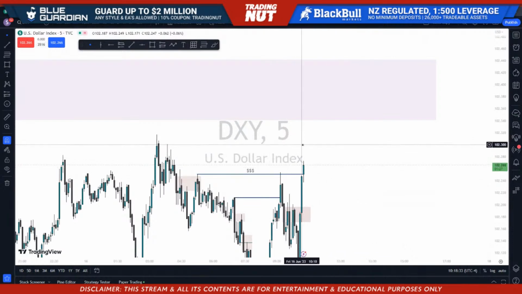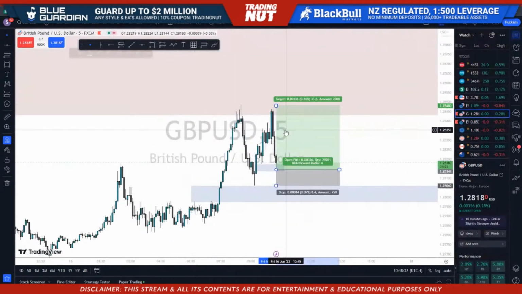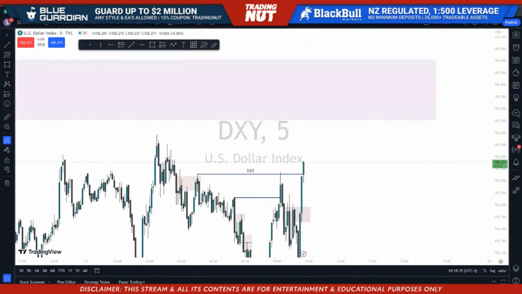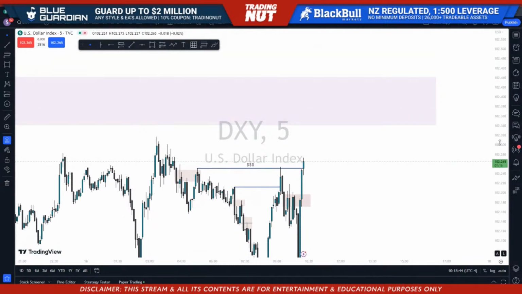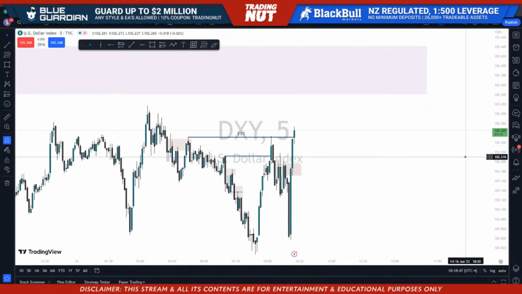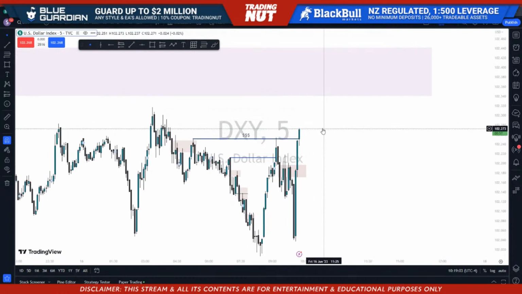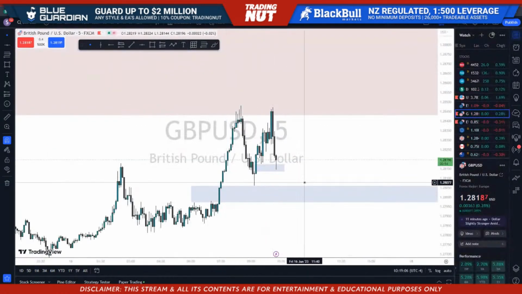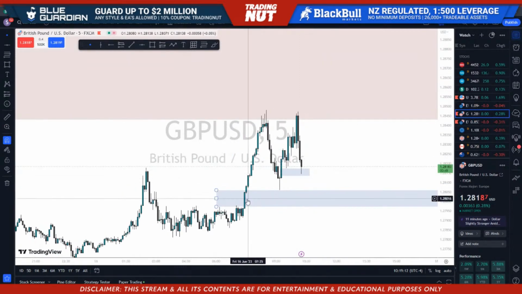Let's see if the dollar index is finished up there yet. GBP is surprisingly holding its place right here.